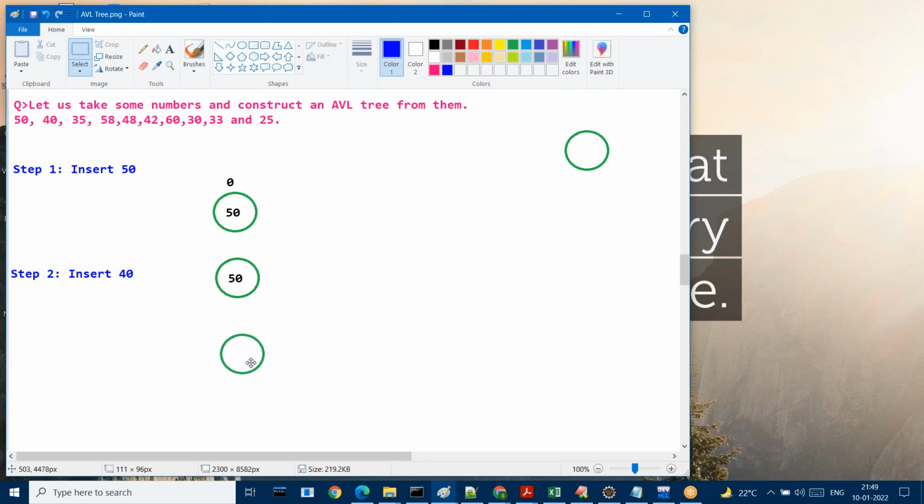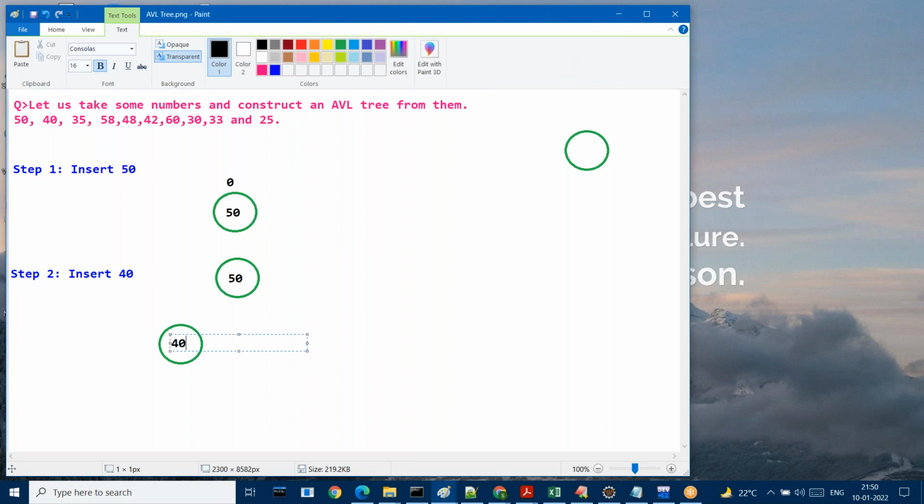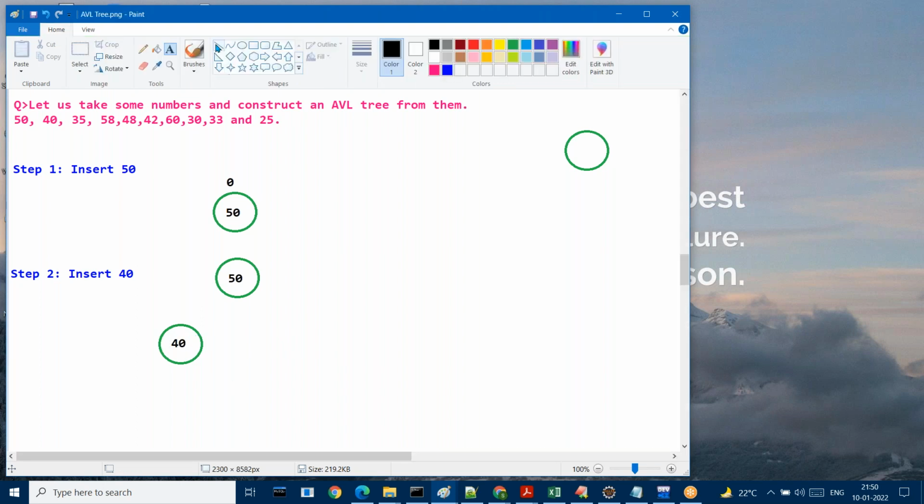Where should I go? Binary search tree insertion, na? Left. Super. Let me insert that. 40 got inserted, sir. Three nodes means vertices will be there, edges will be there.